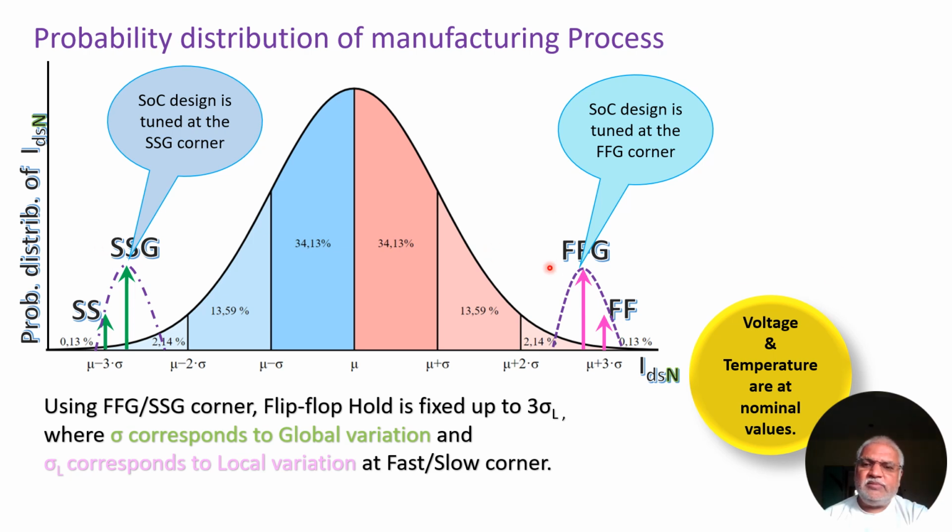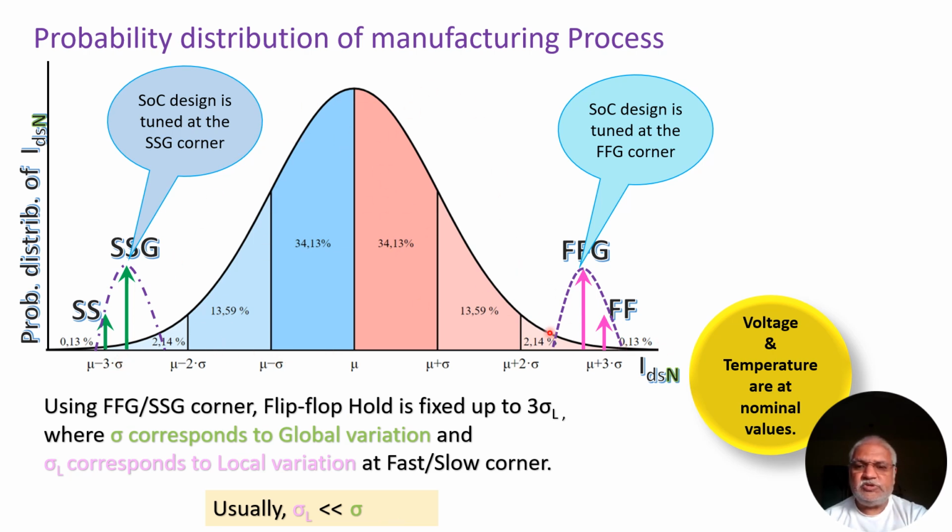One point we need to know is that the standard deviation corresponding to this distribution and this distribution are different, and these two distributions are far smaller than the global distribution standard deviation.